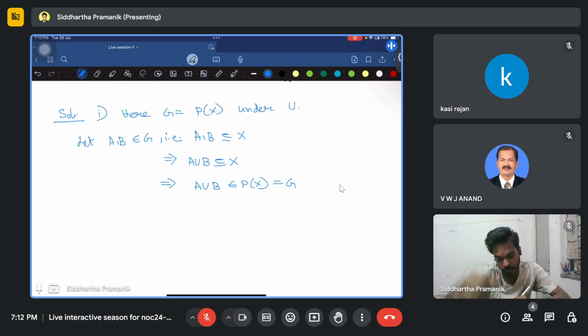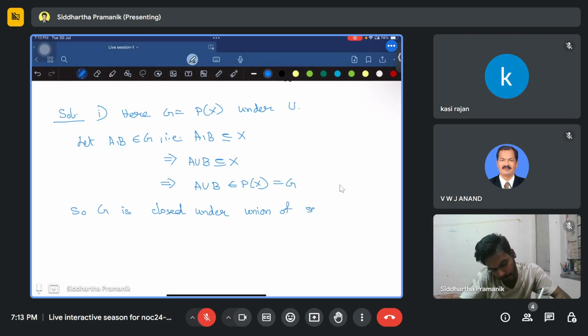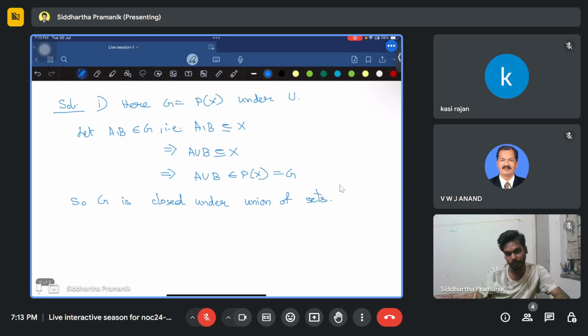So G is closed under union of sets, and the first property holds here.